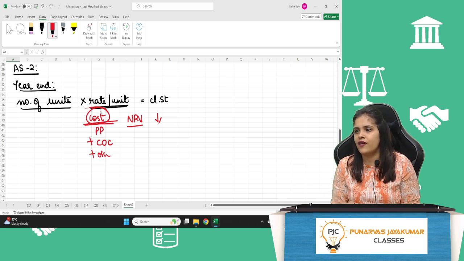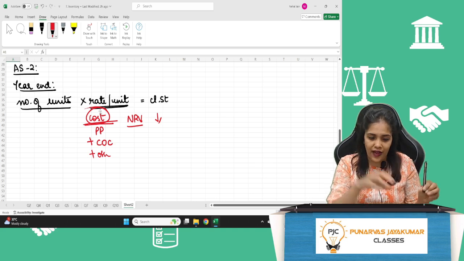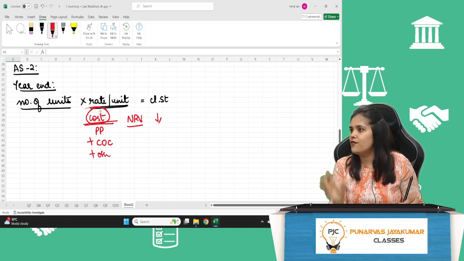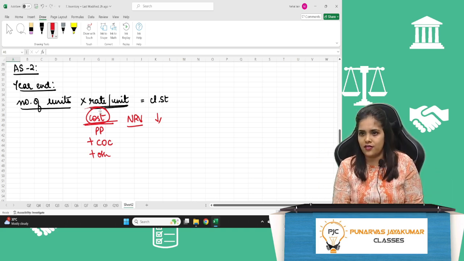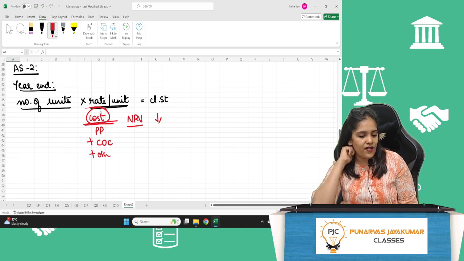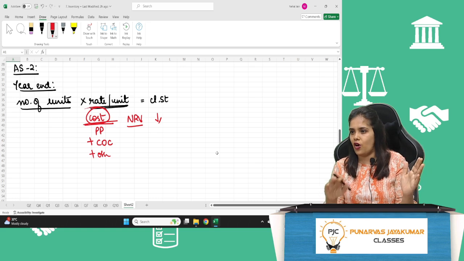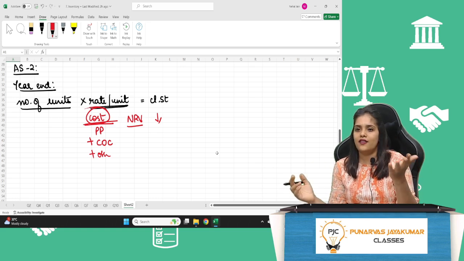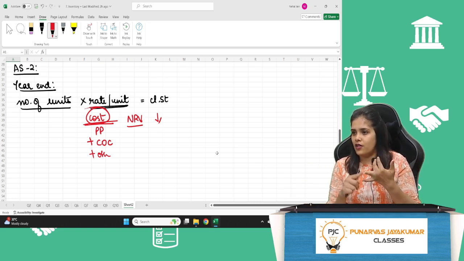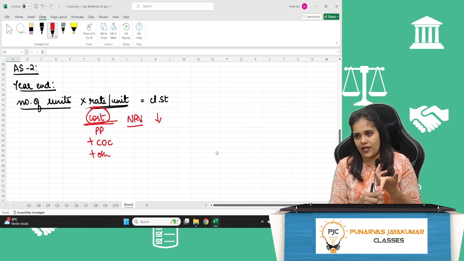How do you value your inventory? Specific identification. You find each mobile you have, multiply with the cost. But if inventory is ordinarily interchangeable, then you have historic cost and under historic cost, FIFO, simple average, weighted average.